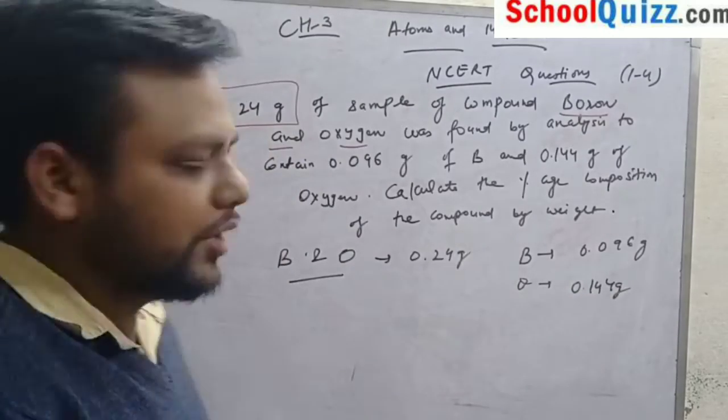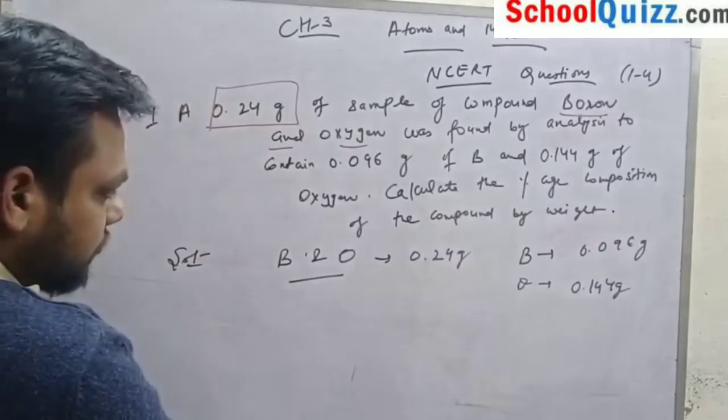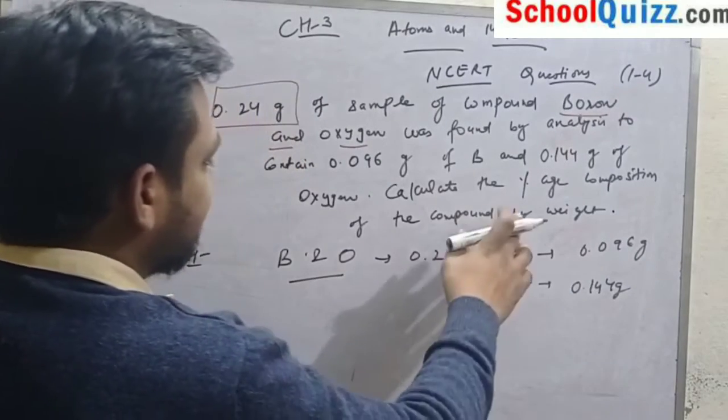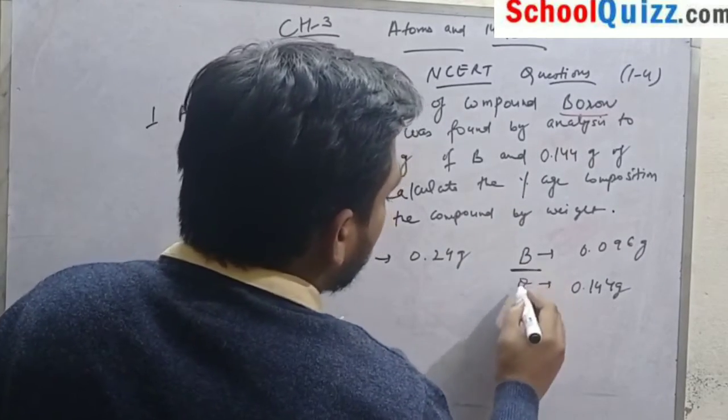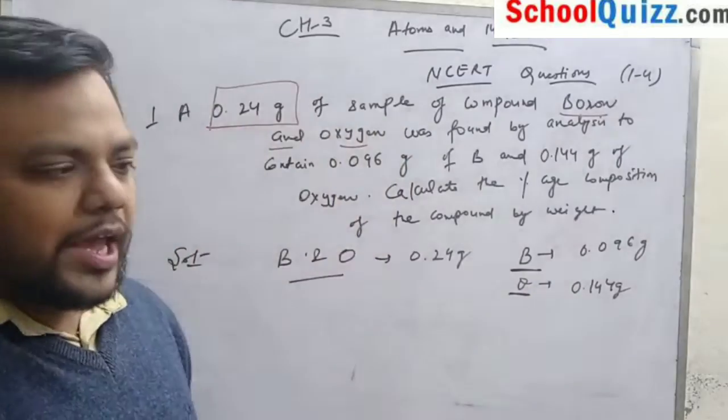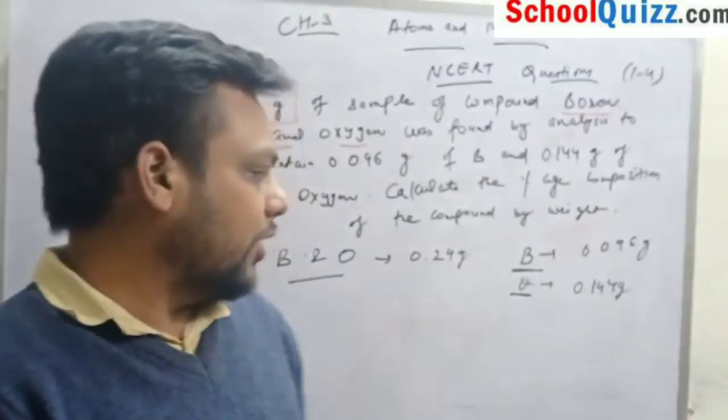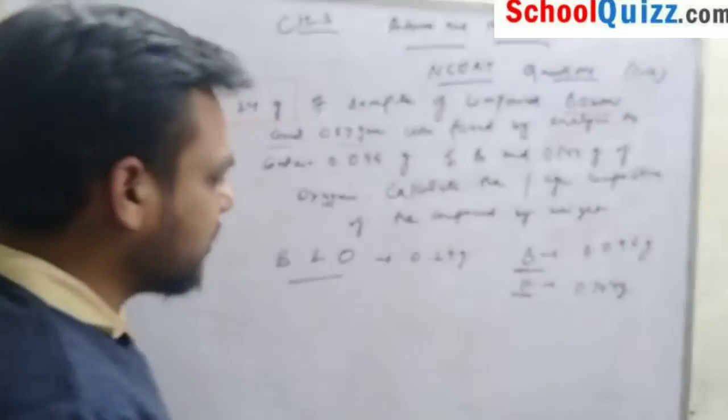So this is all about the given part of the question. We have to calculate the percentage of boron and oxygen in the compound.